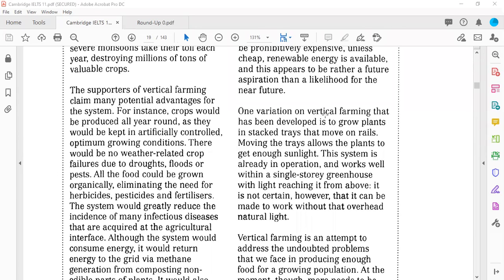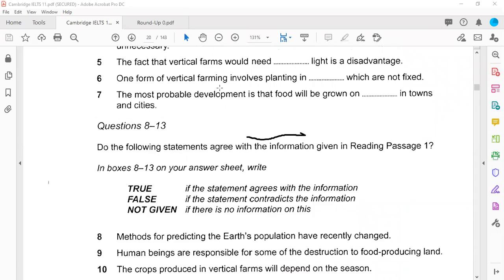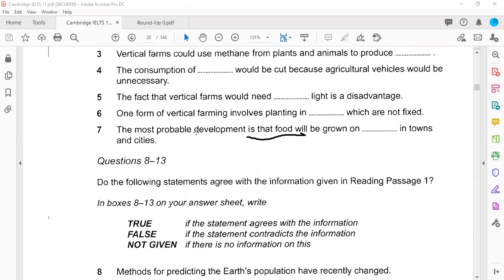Stacked trays. Yes, planting in stacked trays, which are not fixed. The most probable development is that food will be grown on what in towns and cities?